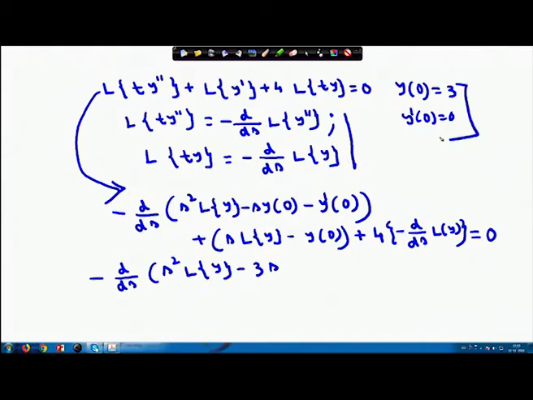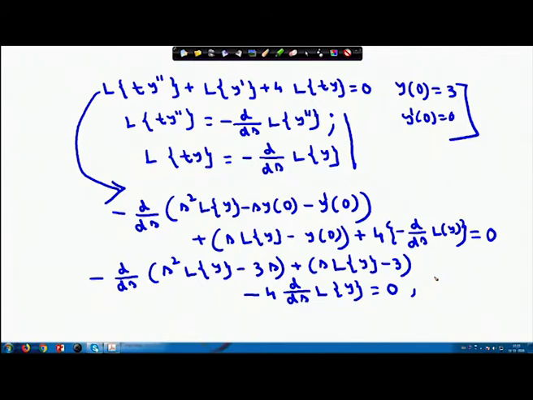Using these two conditions I will obtain minus d/ds of [s square Laplace transform of y minus 3s] plus s into the Laplace transform of y minus 3, minus 4 into d/ds of the Laplace transform of y, equals 0. Up to this I hope it is fine.